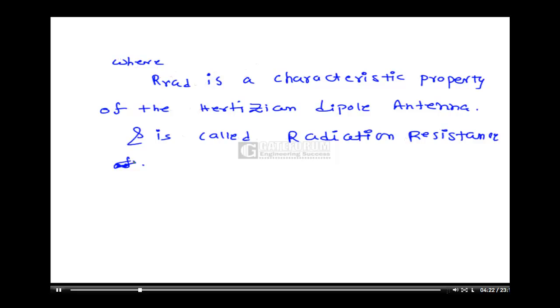We already discussed transmission lines. Transmission lines are characterized by their characteristic impedance. Similarly, the antenna is characterized by radiation resistance. This is one of the characteristics of the antenna, and this radiation resistance is given by 80 pi square into dl by lambda whole square, where dl is the length of the Hertzian dipole.